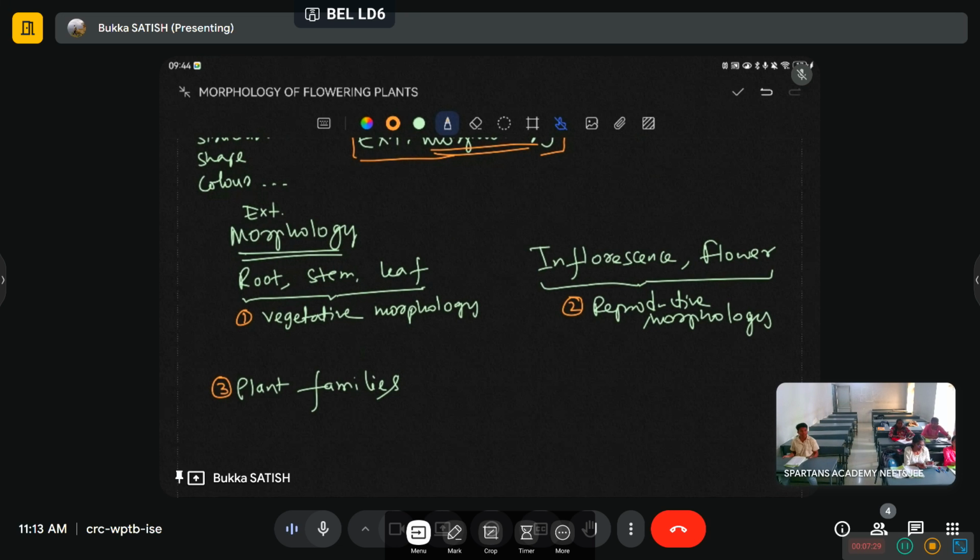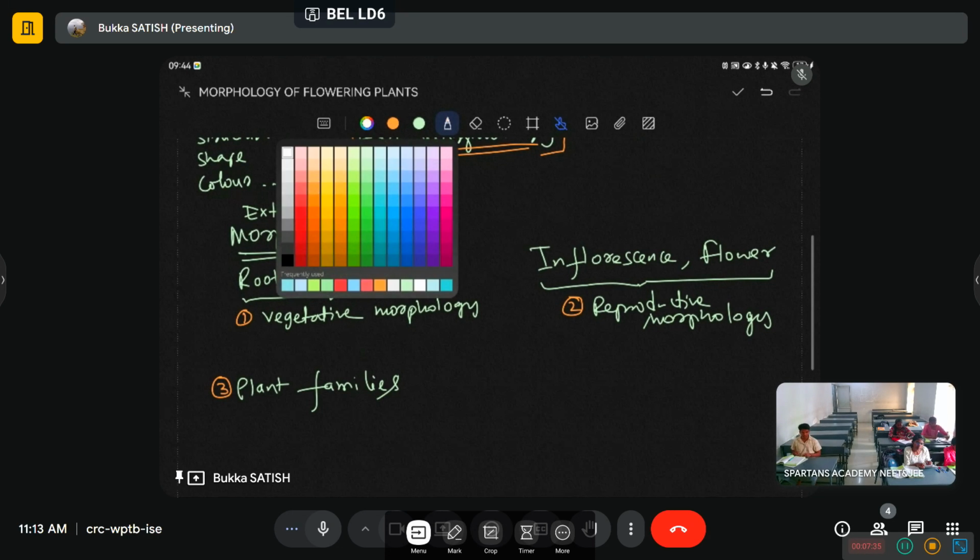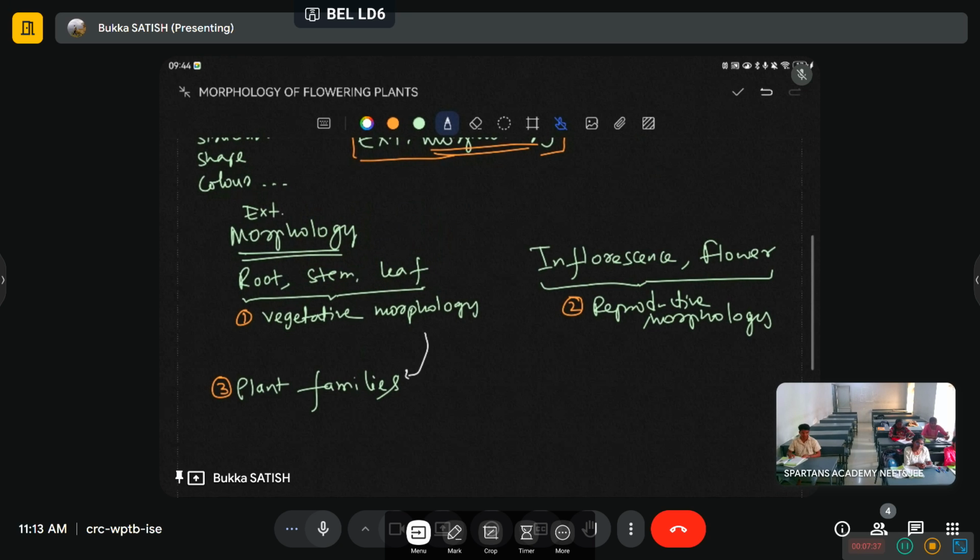See, whatever we study in vegetative morphology and reproductive morphology will be repeated in this. So we will not study any new term in the plant families. For example, take a family like Solanaceae. In this Solanaceae, what are the vegetative characters? What are the reproductive characters?